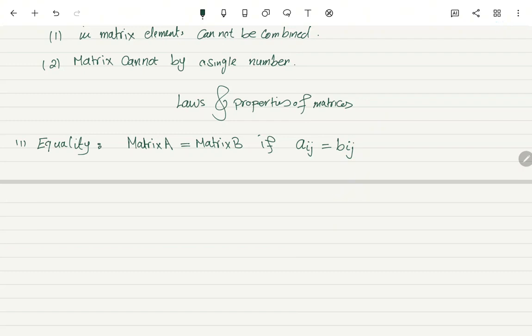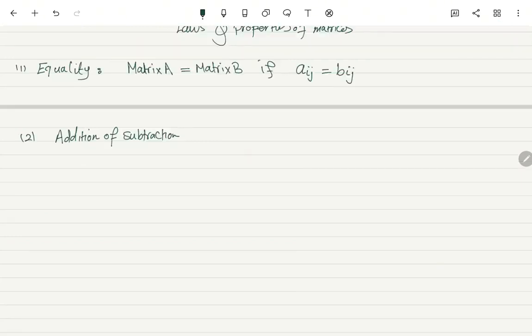The second property of matrices is addition or subtraction. The operation of addition or subtraction of two m by n matrices is defined as C, a new matrix, equal to A plus or minus B. So plus for addition and minus for subtraction.